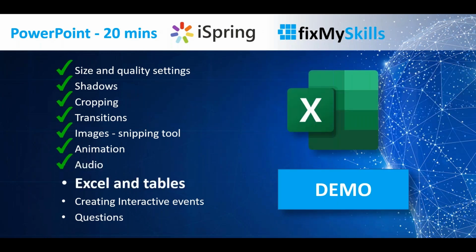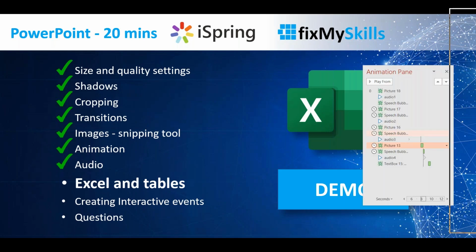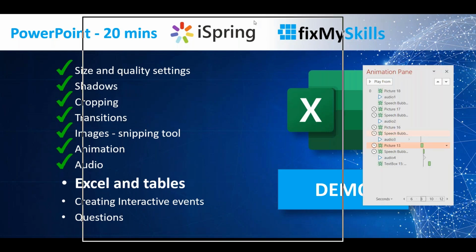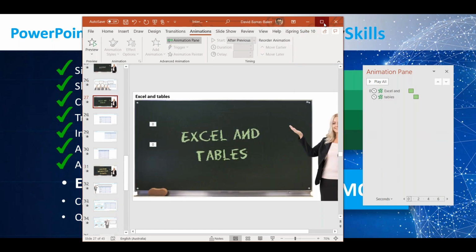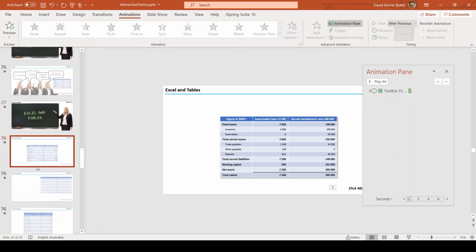Then working with Excel and tables. Because this was a business training, a lot of tables and so on were used. And I found myself drawing tables, and it took a lot of time.